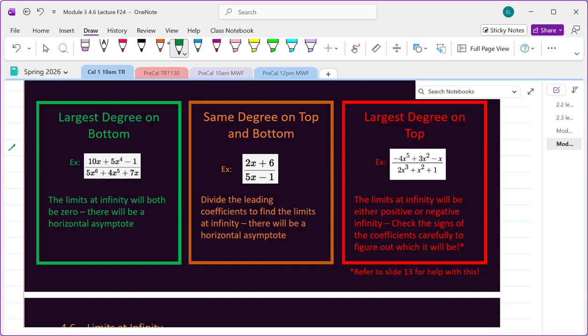If the largest degree is on top, then we're either going to go to positive infinity or negative infinity. It just depends on what the overall degree is. So you have to plug in the infinities to see if it was a squared or a cubed. You just have to be careful with that.